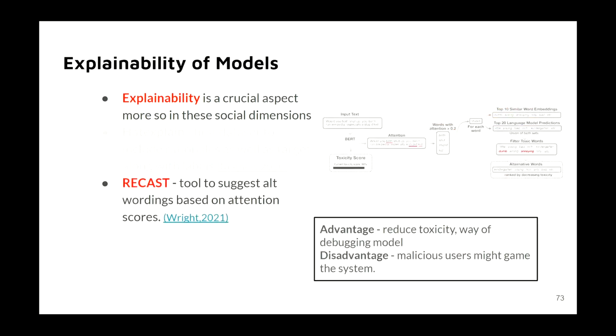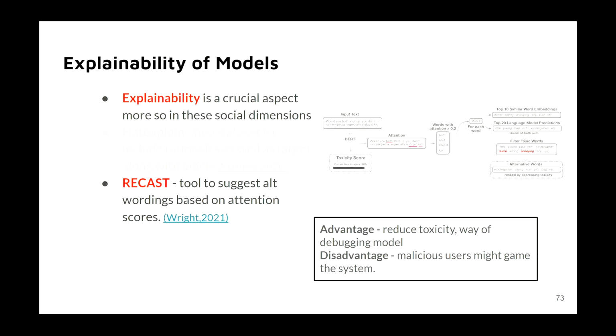Further, another study used a tool to suggest alternate words based on attention scores. Here, they did not use any rationale-based dataset, but just used the attention of words to find the words which are toxic, and then they produced similar words which are not toxic.